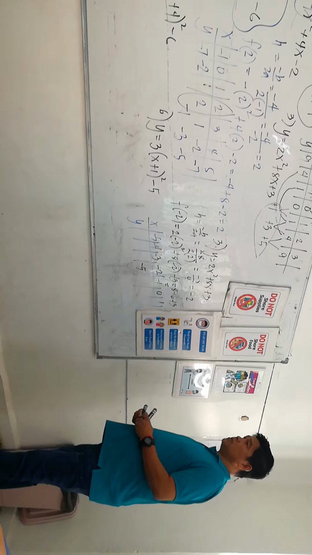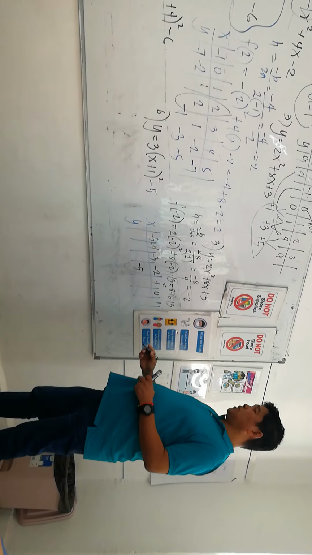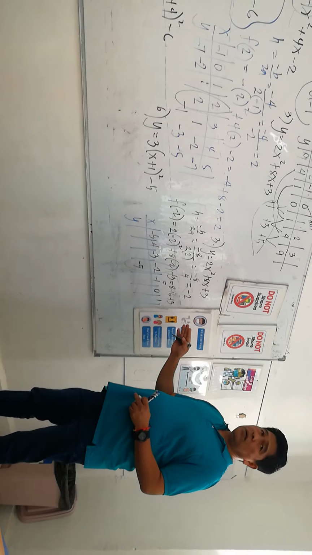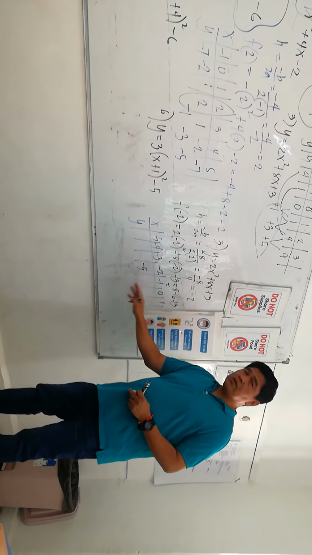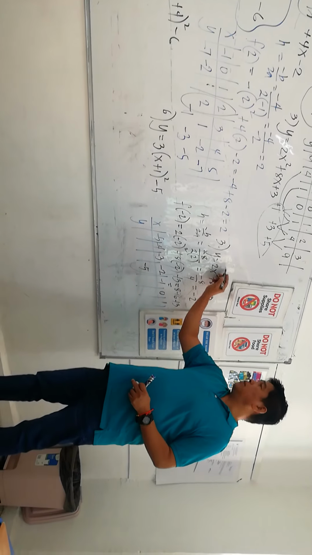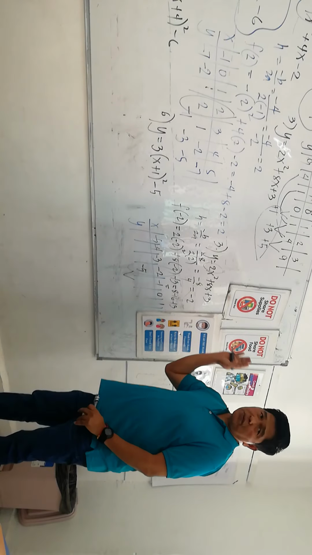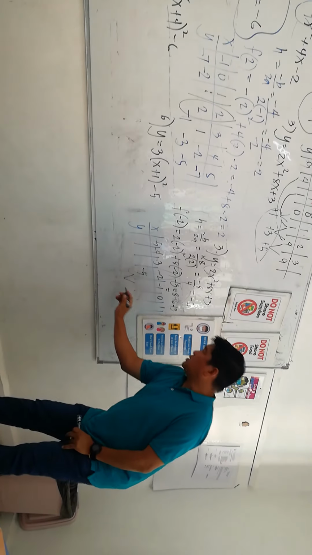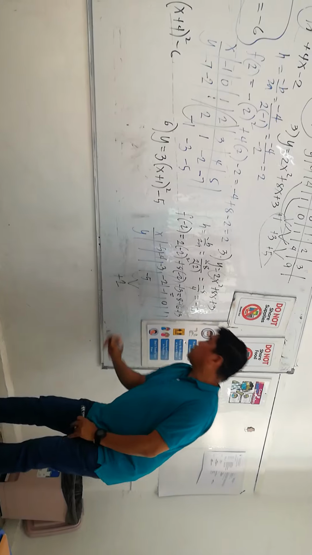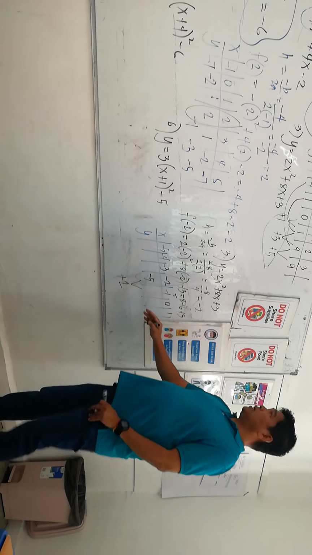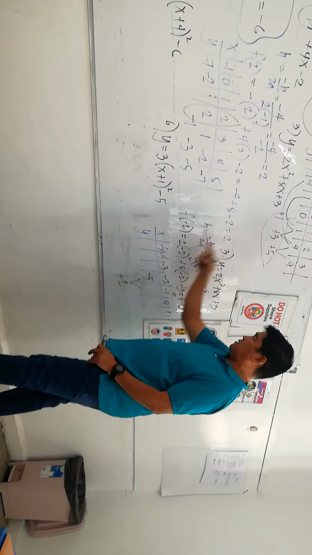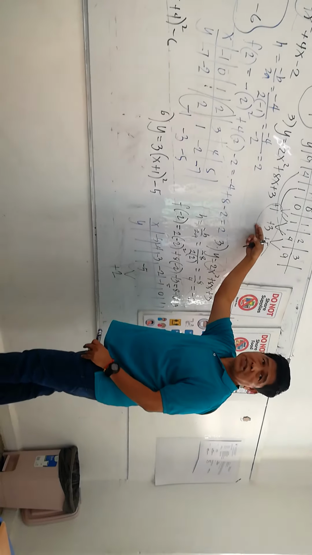Okay, as I told you, since your focus here is the value of A, when you are adding values here, what is our value of A? 2. So since that is 2, you will start always with the value of A, which is equal to 2. So you add 2, meaning we double this 1 here, so we also double this 3.